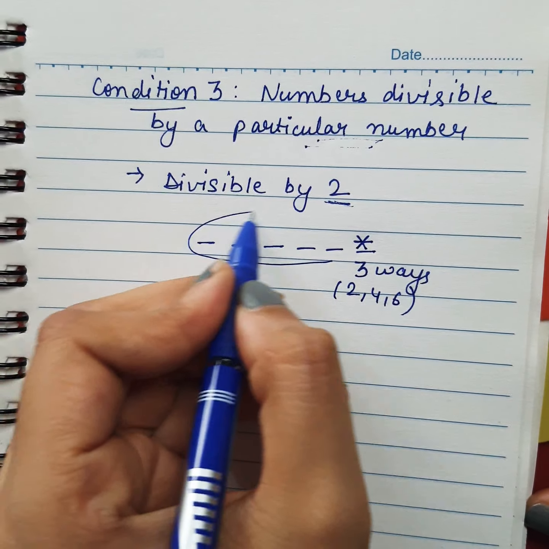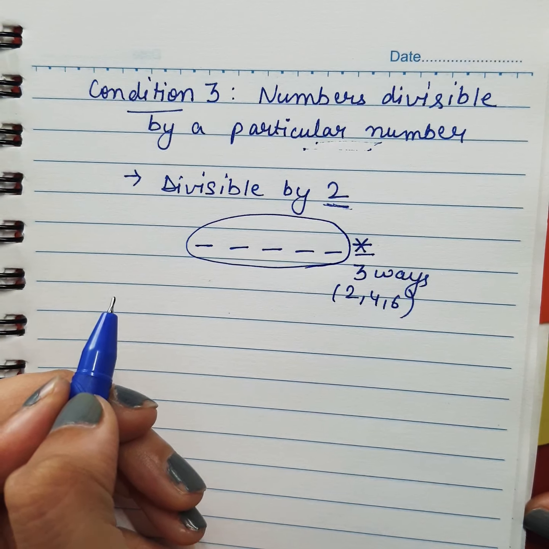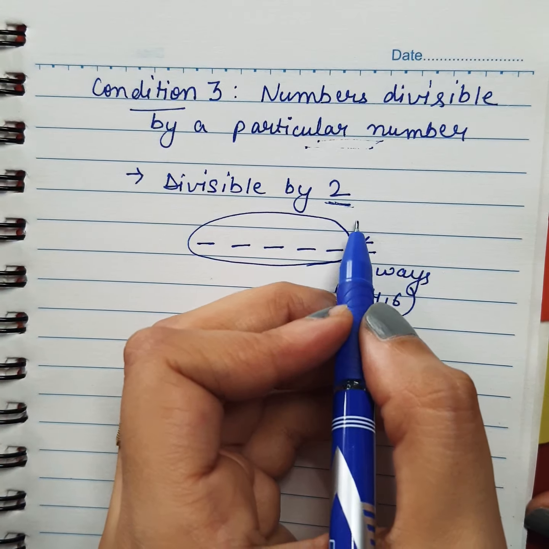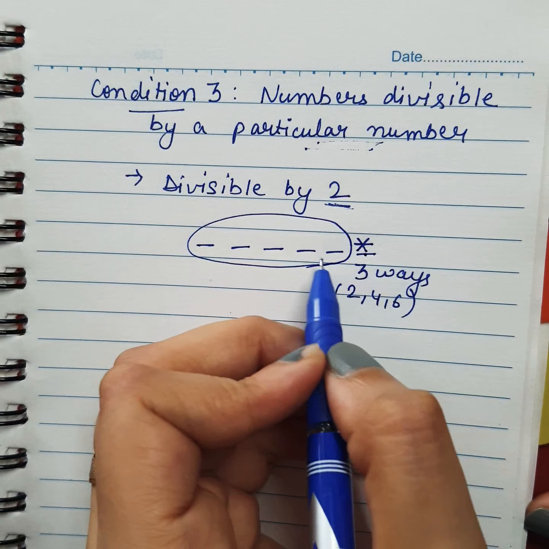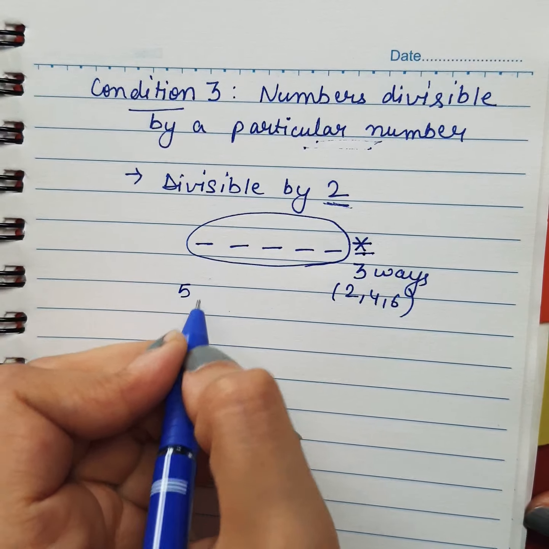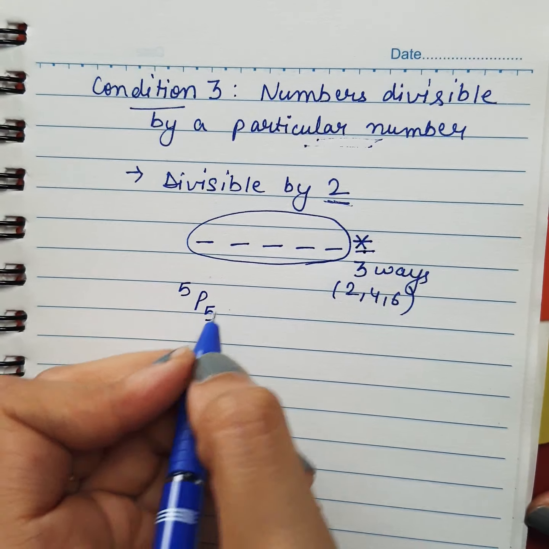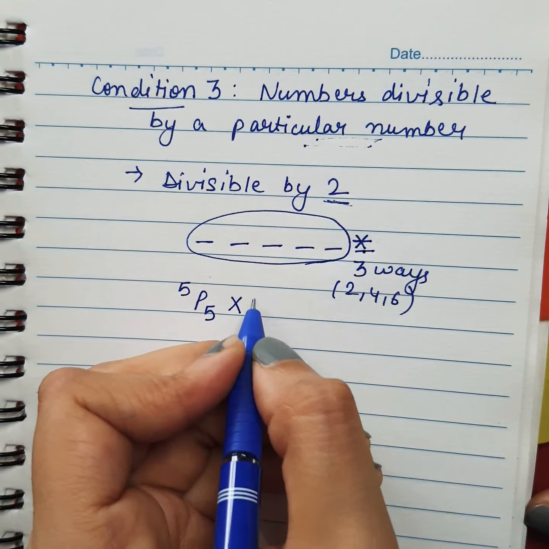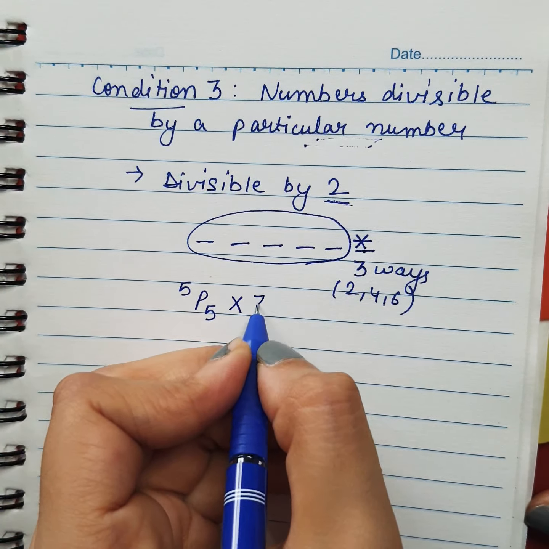Now again 5 places are to be filled with no repetition. So ignoring the number already filled here, the next 5 numbers will fill the next 5 places. So 5P5 into, for the last place, 3 ways. So 120 into 3 will be 360.